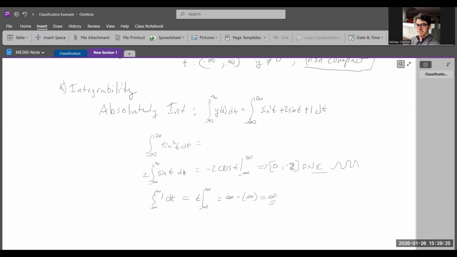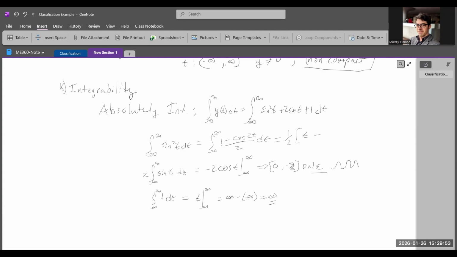And sine squared, you end up using the half angle formula identity to convert this into 1 minus cosine 2t over 2 dt, and then integrating the sections of this. So we end up with 1/2 times, we've got a t there that comes out of this.